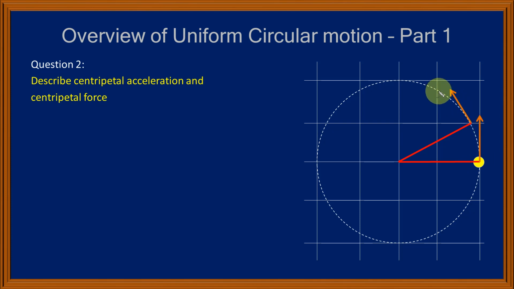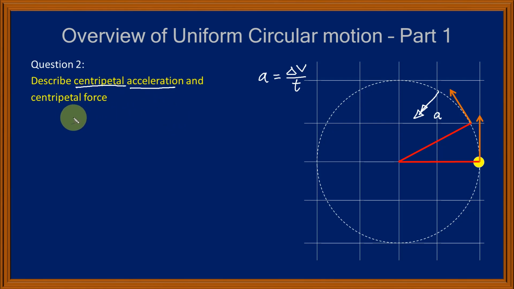The direction of the change in velocity is towards the center of the circular path. If that change in velocity is divided by the time it took for the velocity to change, we get the acceleration, which is also towards the center of the circular path. Now, since this acceleration is always pointing towards the center of the circular path, it's called centripetal acceleration.